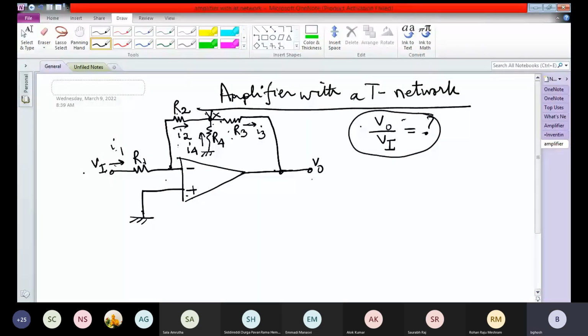So it's very simple. Again, we apply the same principle. These two terminals are virtually shorted. So 1 and 2 virtually short. So therefore, this comes to be ground. So therefore, I1 becomes equal to Vi by R1 because V1 is at zero potential.